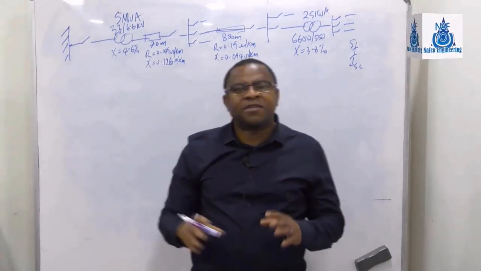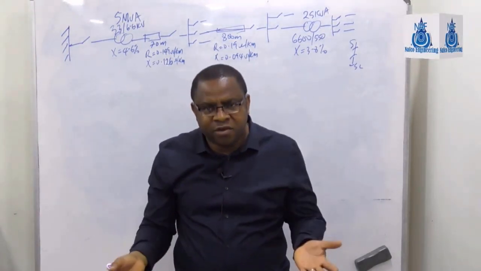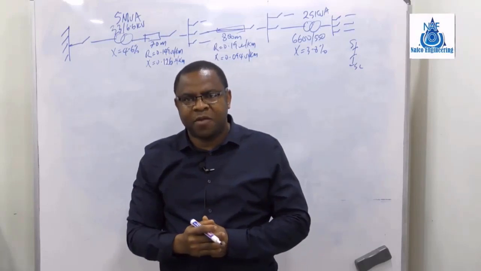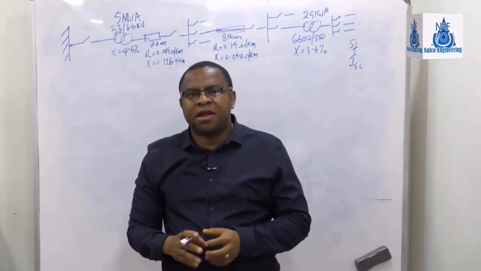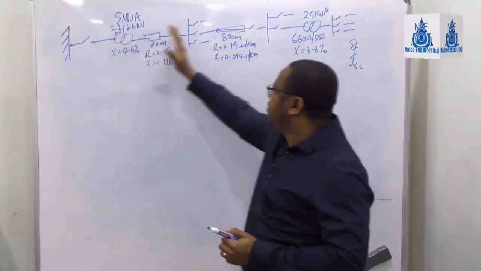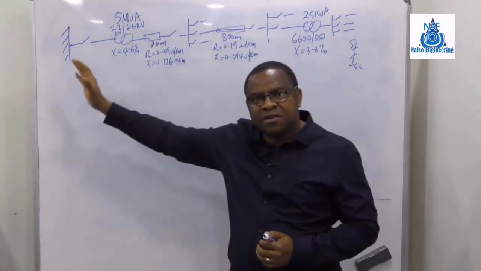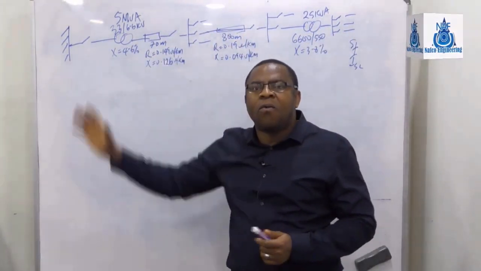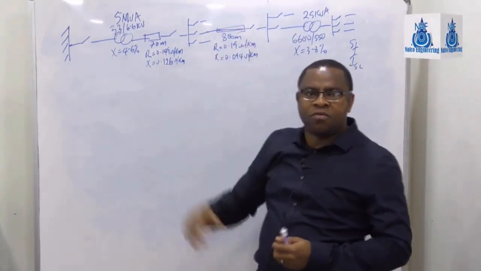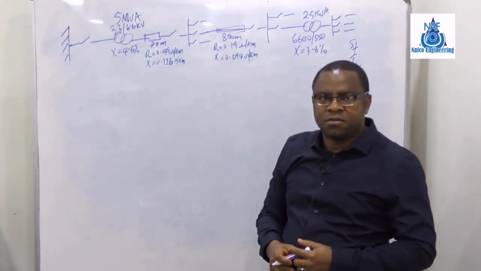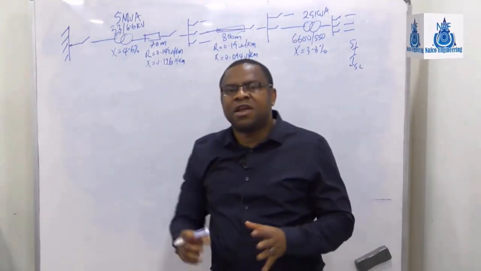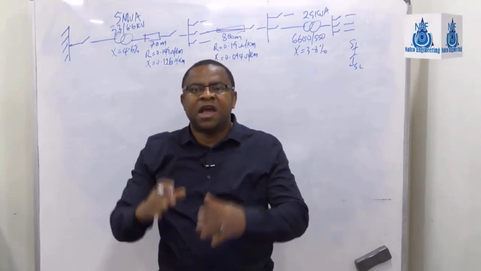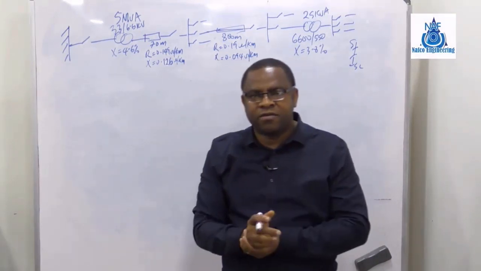Okay, so as I said, we have two ways of doing it. We can have all these impedances in per unit, or we can have them all in ohms. So let's calculate the impedances, and then we can get our fault level.